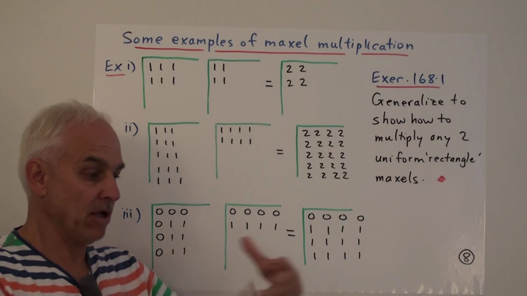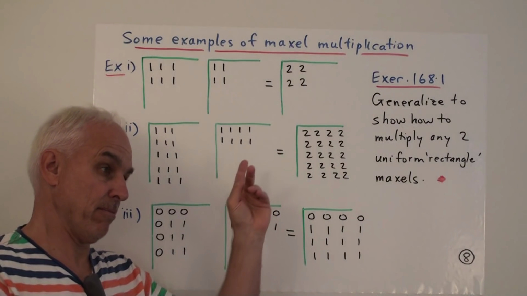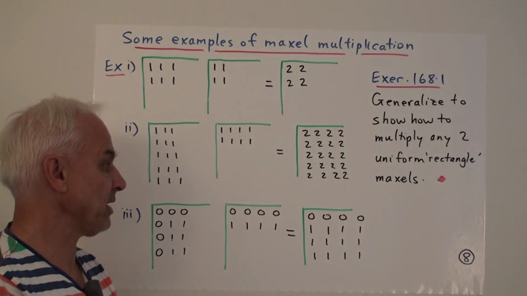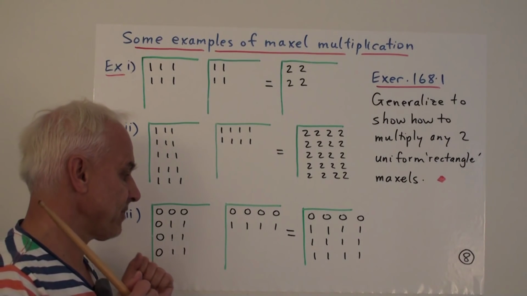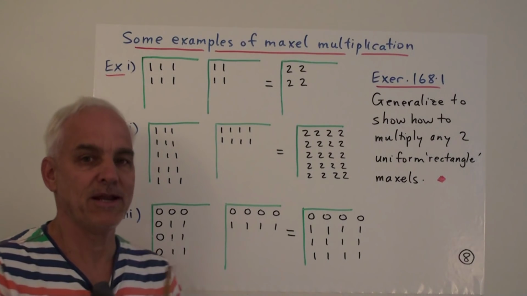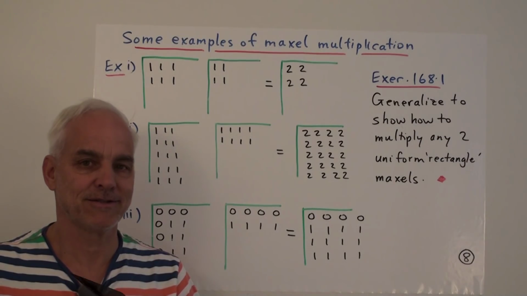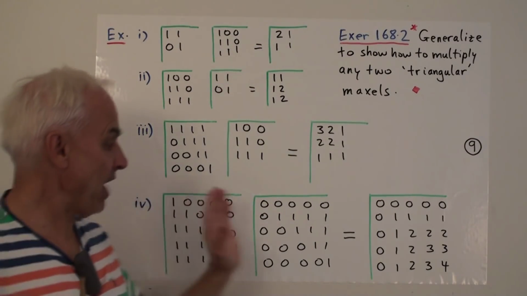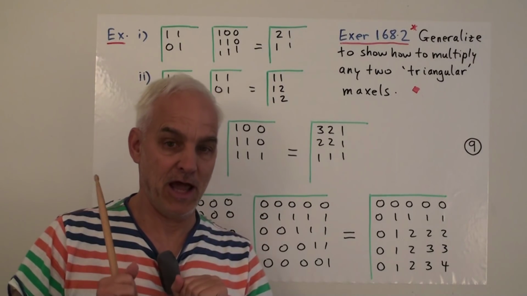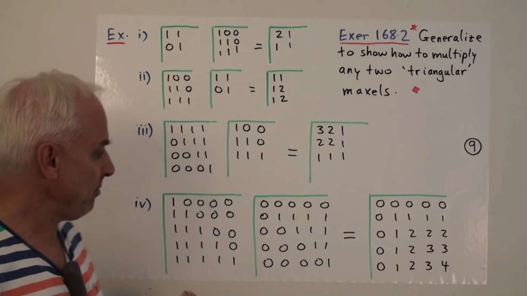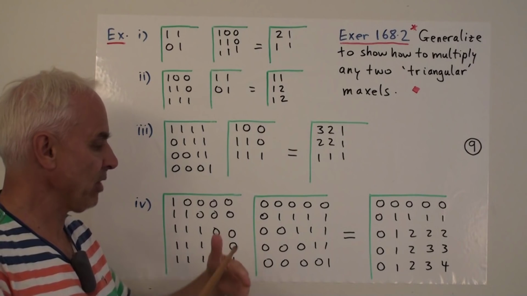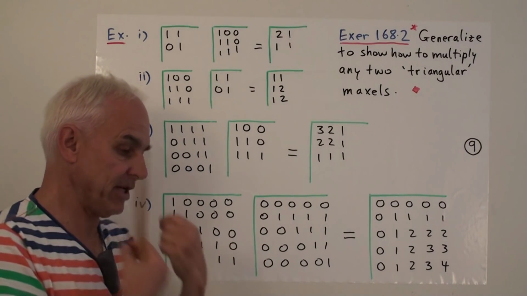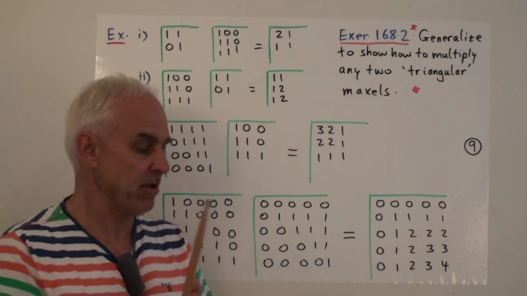We're now multiplying two-dimensional arrays, or maxils, here. And it's very important, and it's such a vital ingredient in many topics in mathematics. So I hope you enjoy the freedom here that you have, that you don't have to worry about the size of the underlying matrices. The matrices themselves are only playing a secondary role. They're only a way of picturing maxils. It's really the maxils themselves which are the main object.